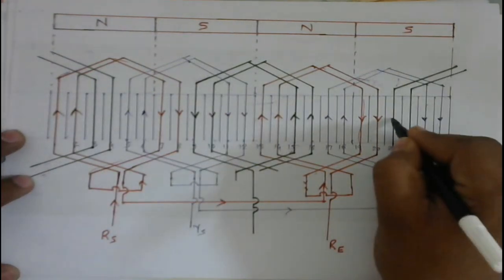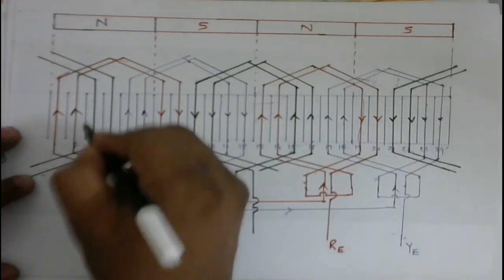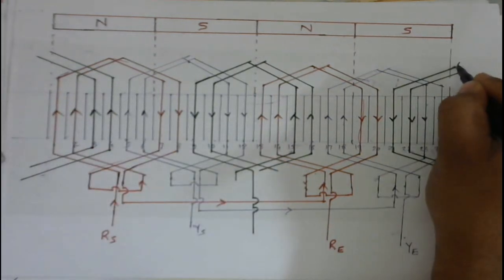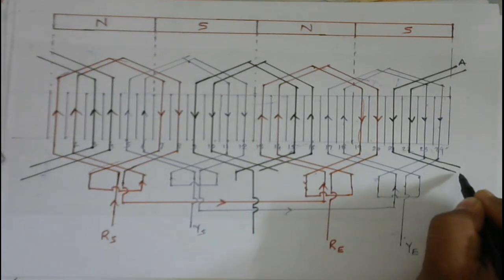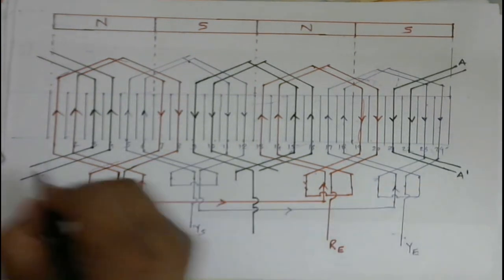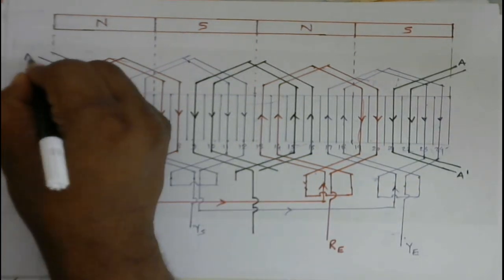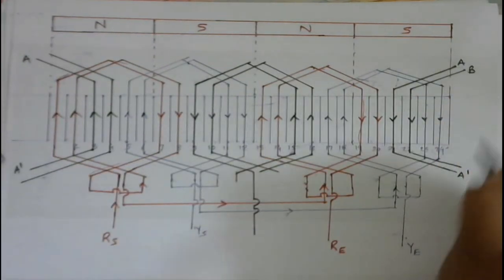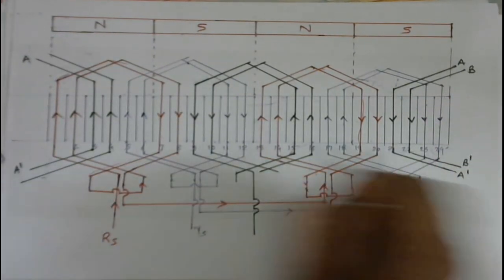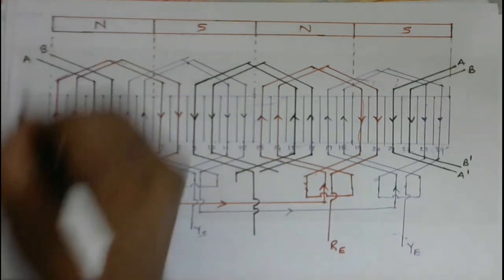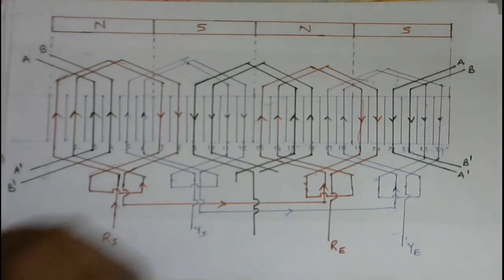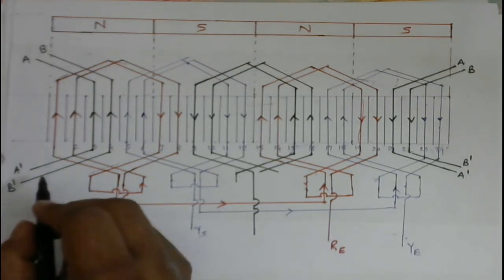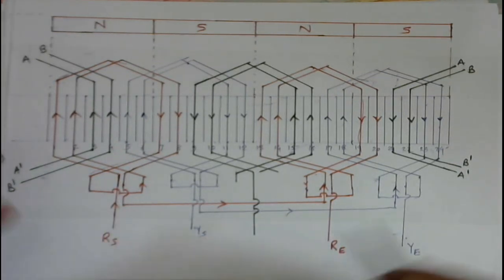That means here it is downward, this one is upward, so I will name it as A dash, which is coming here, and this one is B dash, it is connected here, and accordingly there will be connections.